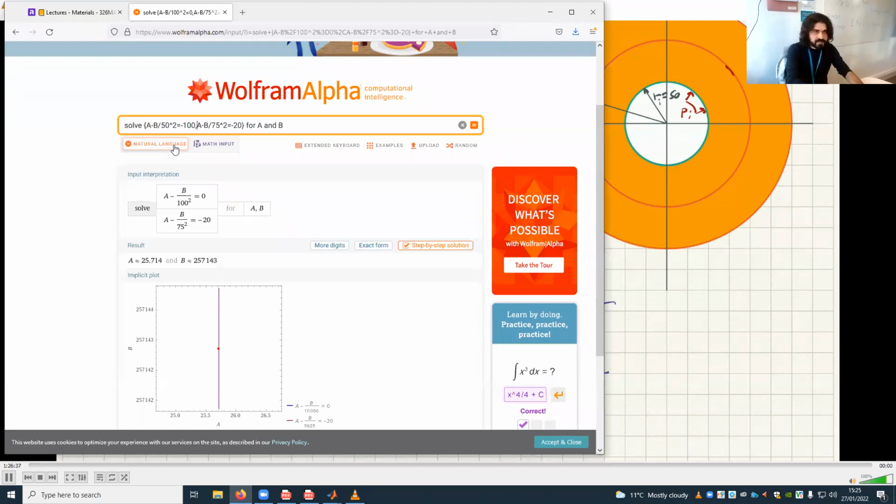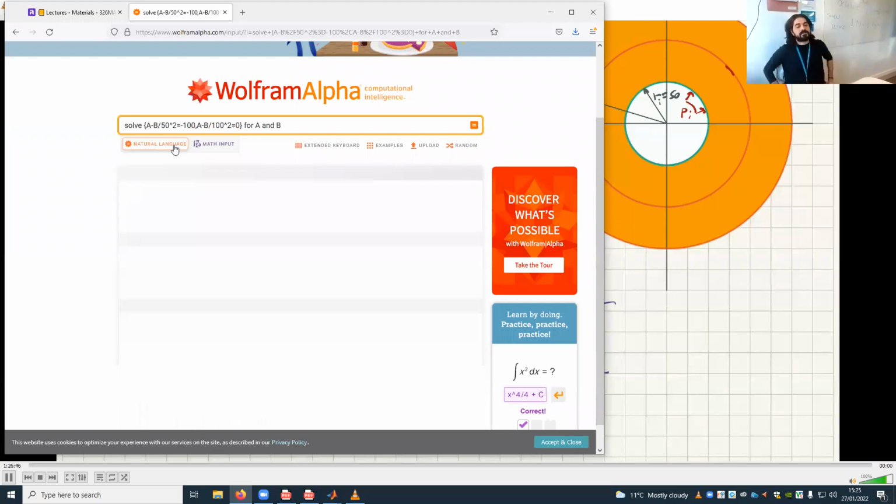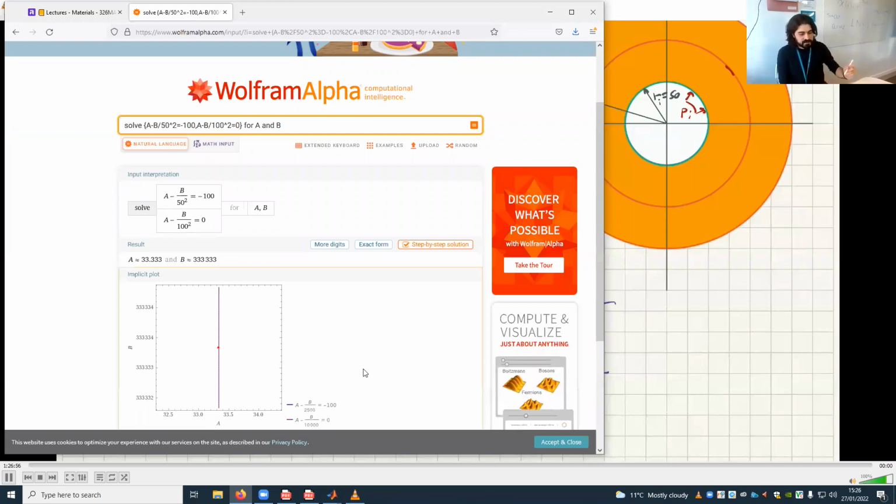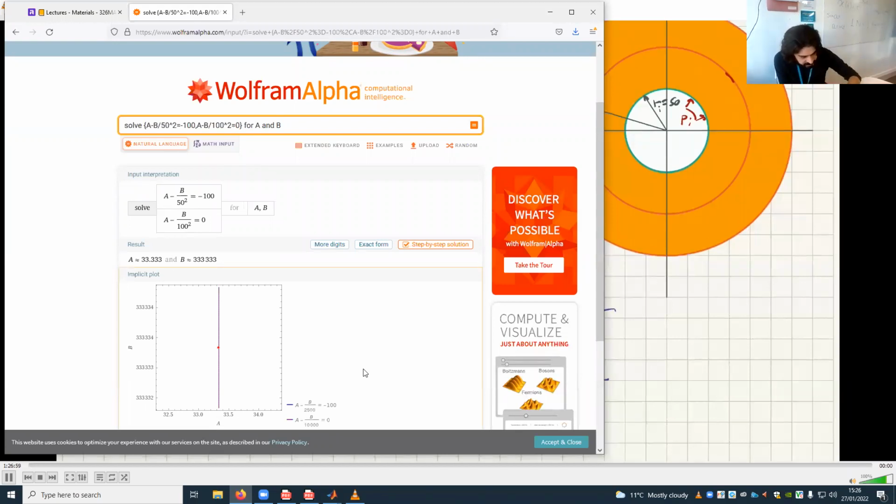And A minus B over 100 squared is equal to 0. Solve these. Let me check if they look correct. Yes, they look correct. And so if I solve this, it's 33.3 for A and 333,333 for B.